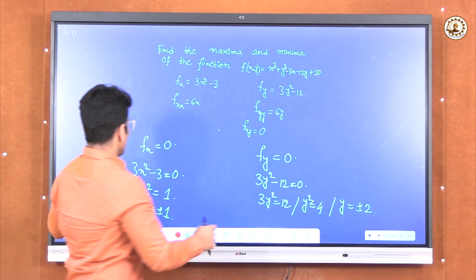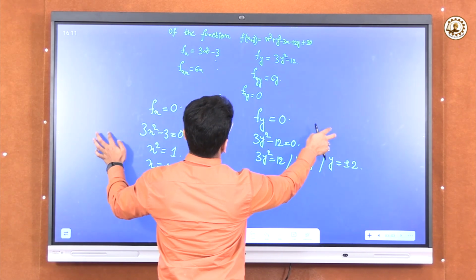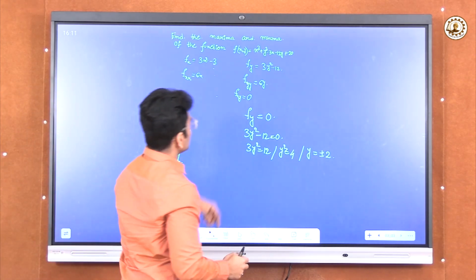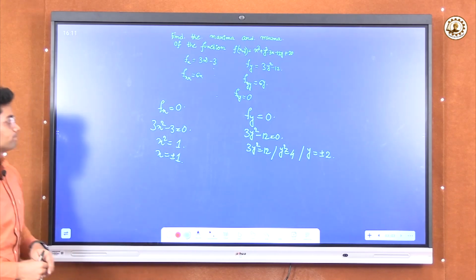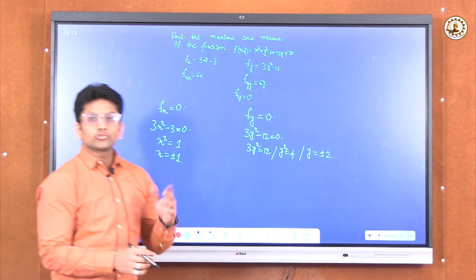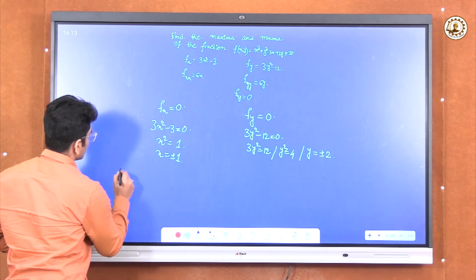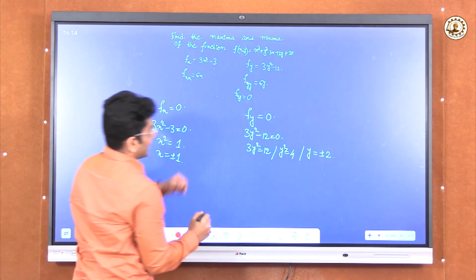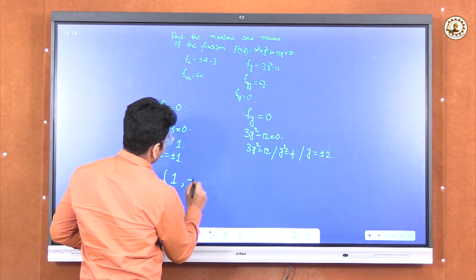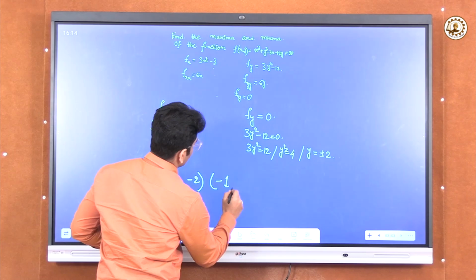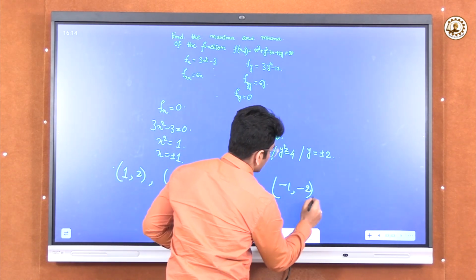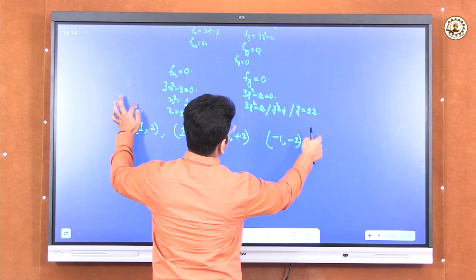Now, if x equals 1, then what will be the value of y? The critical points are (1, 2), (1, -2), (-1, 2) and (-1, -2).